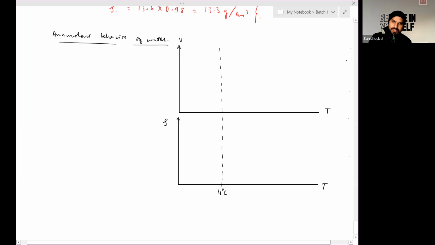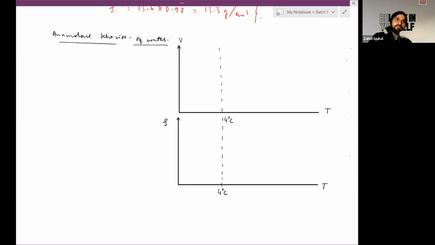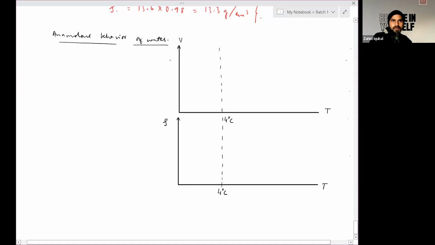Let's say this is 4 degrees Celsius. In the first part, from 0 degrees Celsius to 4 degrees Celsius, the object at 0 degrees Celsius will be in the form of ice.